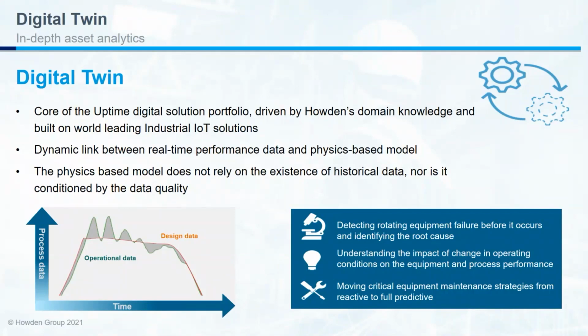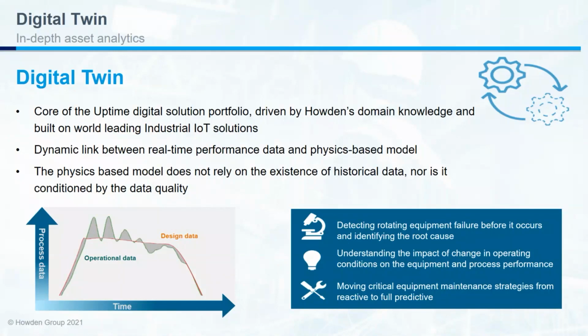That's really helpful in analyzing data and seeing whether things are off spec. And the beauty of it is that it doesn't require any historical data to train the model, so it's added value from the moment you install Uptime.